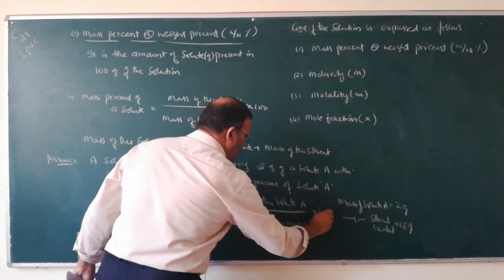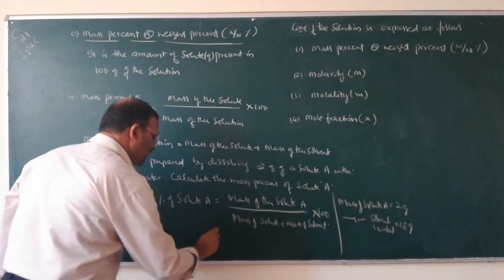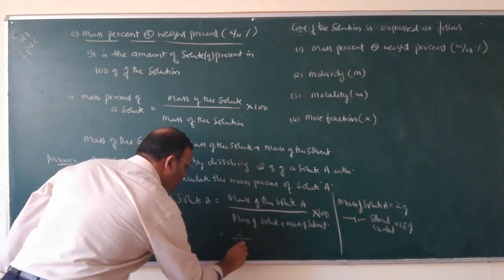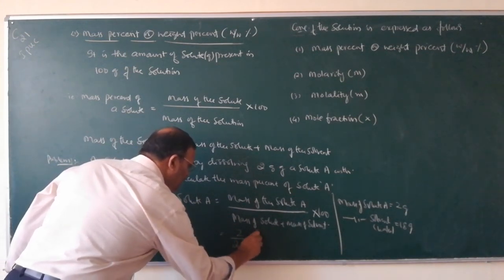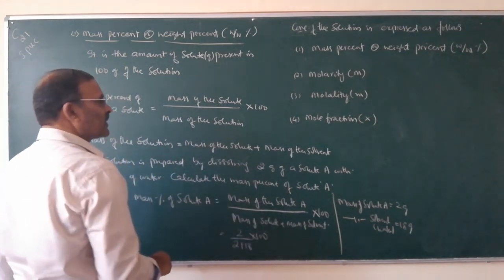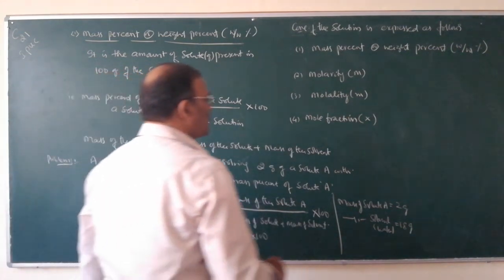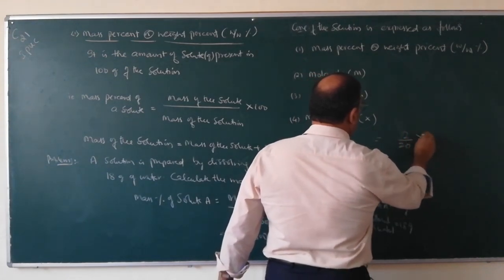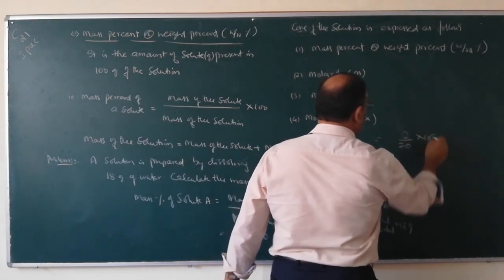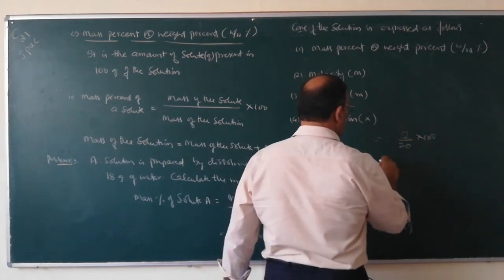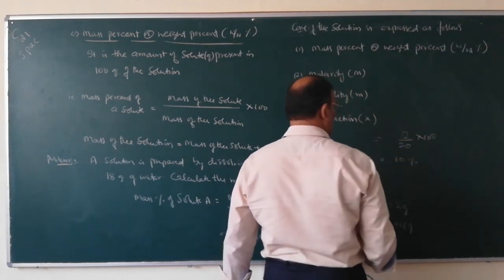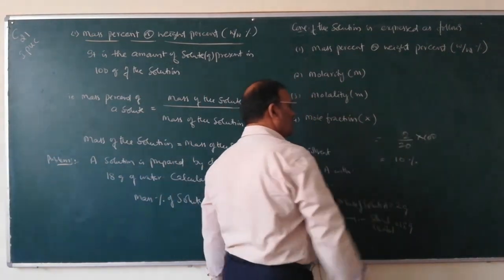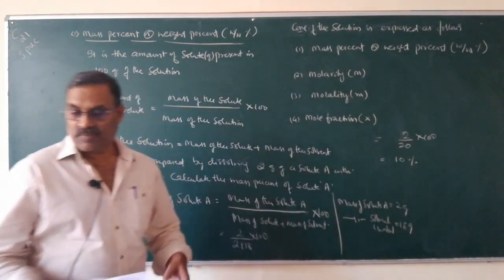So this equals 2 divided by 2 plus 18, into 100, which is 2 divided by 20 into 100. That equals 10%. This is how we can calculate mass percent.